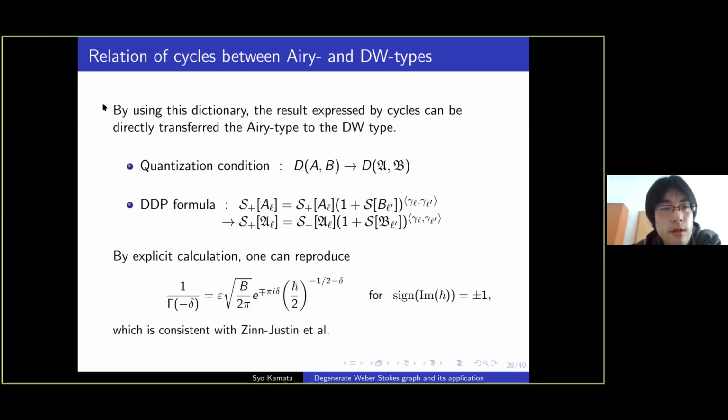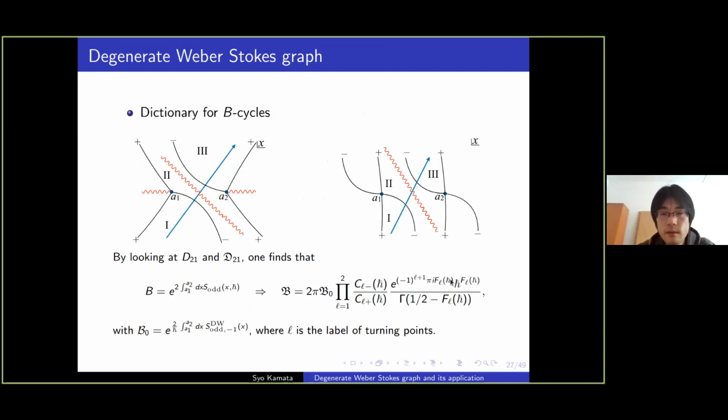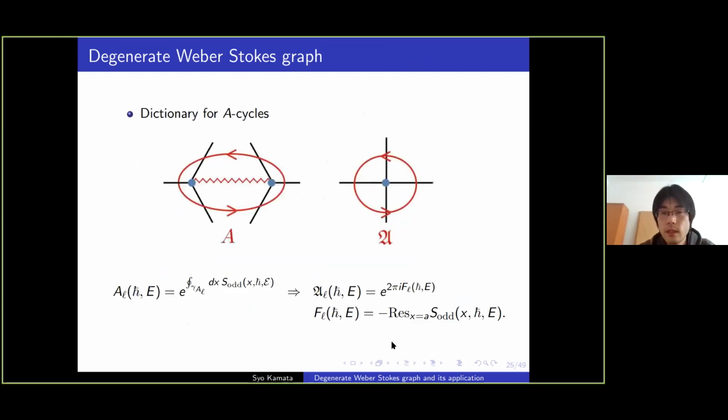By using this dictionary, the result expressed by cycles can be directly transferred from the ARA type to the degenerate Weber type. Just replace A and B by this one and this one.